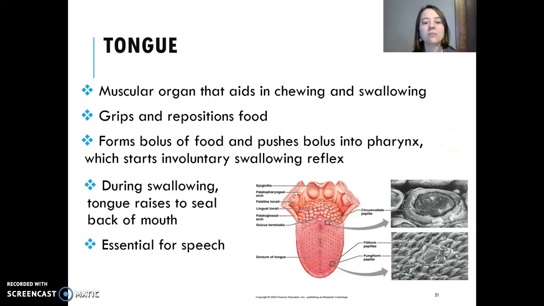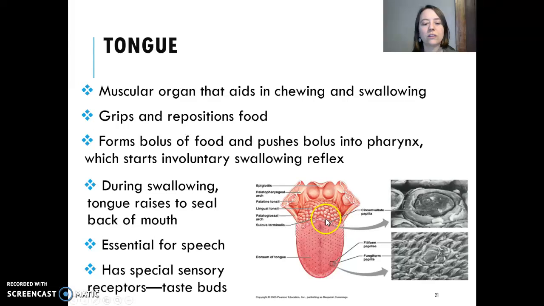The tongue is important for other things. It is essential for talking. And it also has these fun sensory receptors called taste buds, which allow us to taste our food. So here is a tongue, and here is a real picture of taste buds magnified quite a bit.